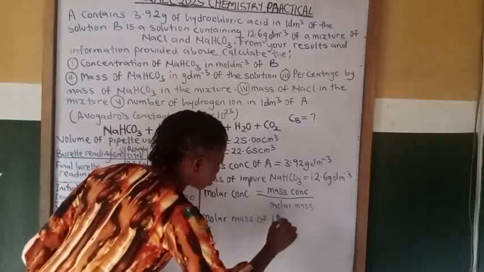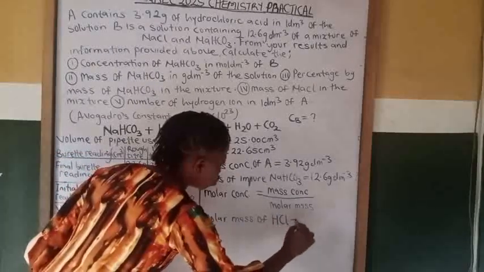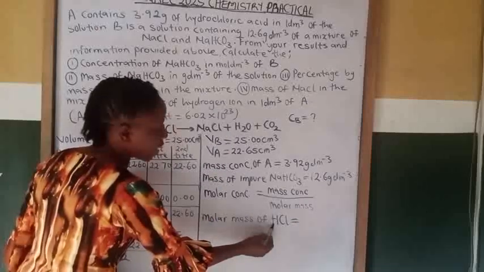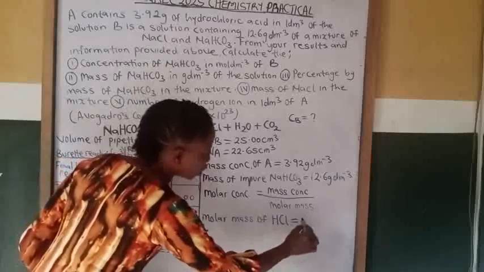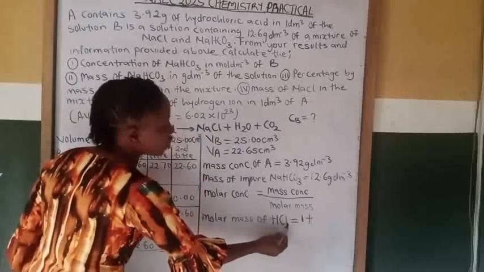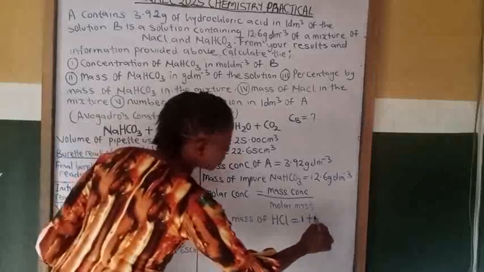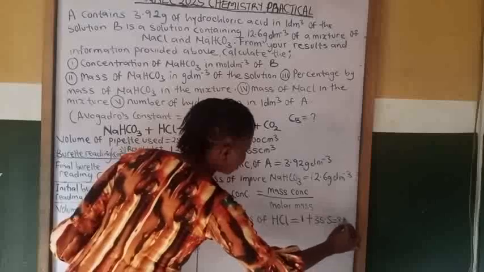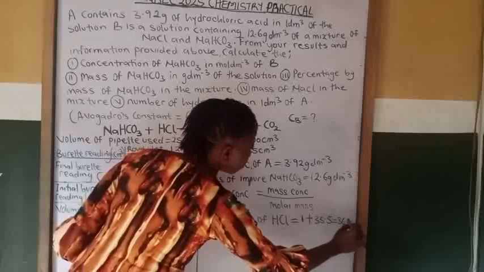So the molar mass of HCl is equal to the atomic mass of hydrogen, which is 1, plus the atomic mass of chlorine, which is 35.5. So it will give me 36.5.